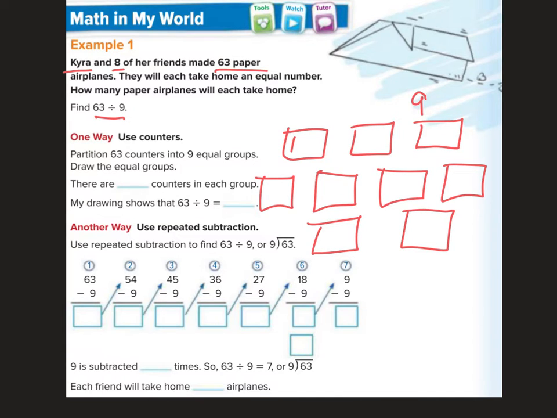Ready? 1, 2, 3, 4, 5, 6, 7, 8, 9, 10, up through 46.